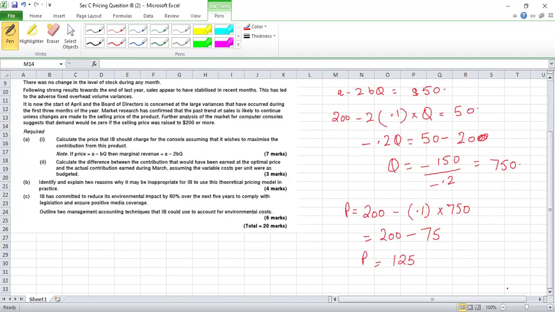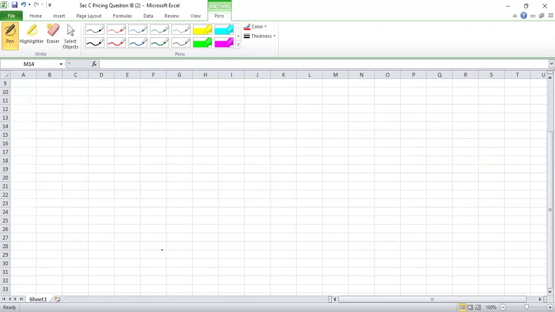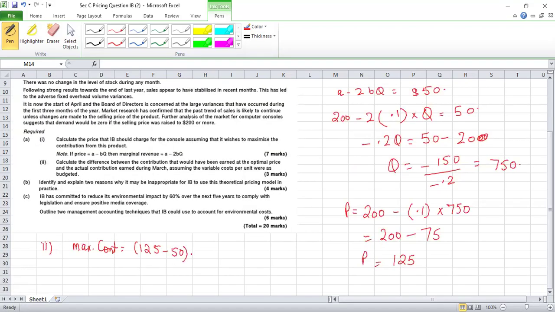So our optimum selling price is 125 and variable cost is 50. So 125 minus 50, and optimal quantity is what?